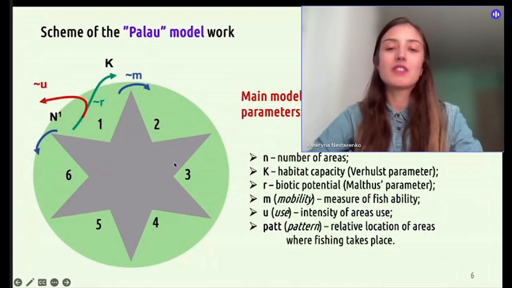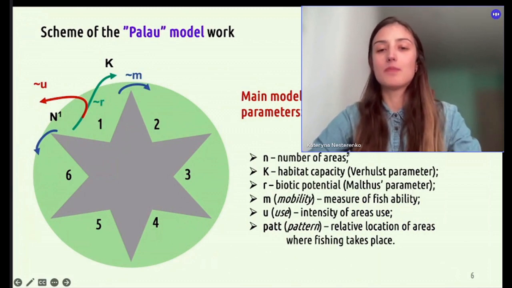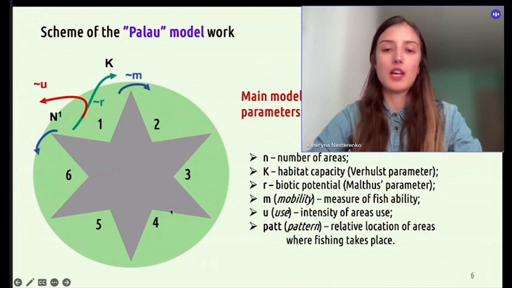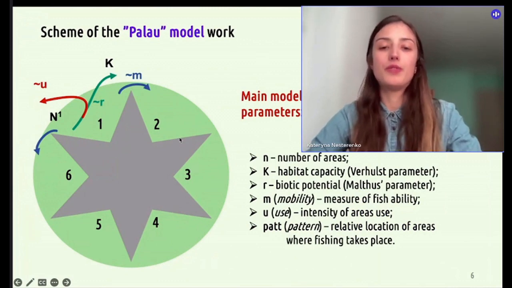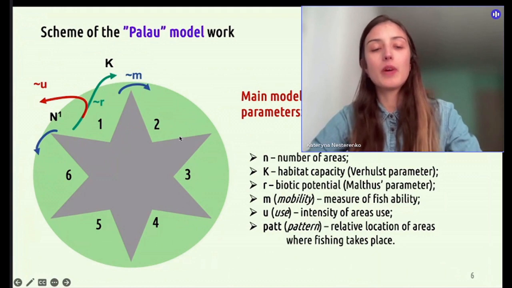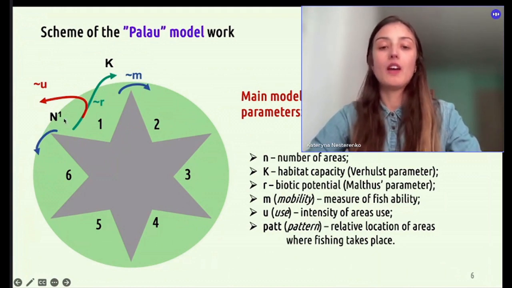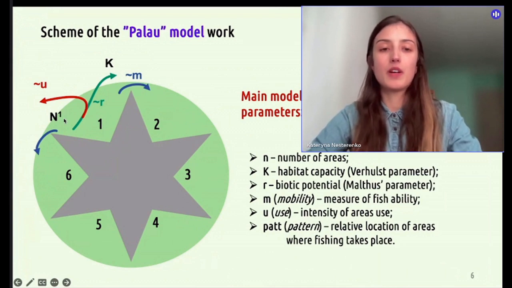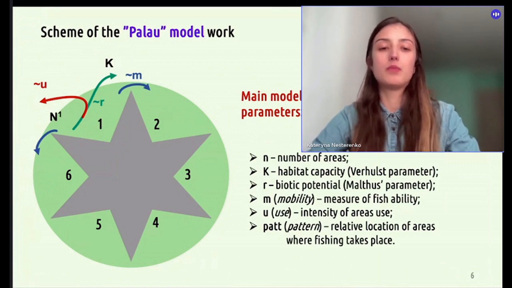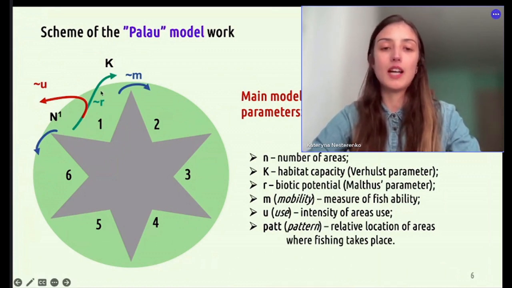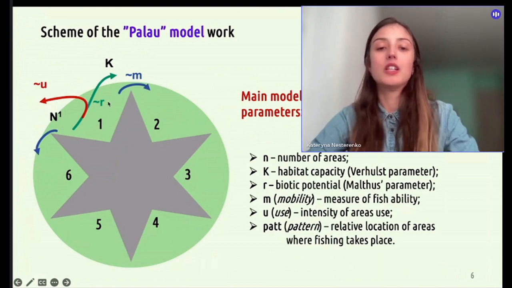Here, you can see the construction diagram of our model and its main input parameters. Here we see 6 bordering water areas. A certain amount of fish can live in each of them, and this amount is represented by the n parameter. This amount is determined by the value of k, the capacity of the area. In each area, fish reproduce, which is regulated by the parameter R, biotic potential.